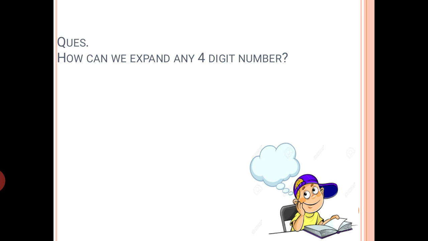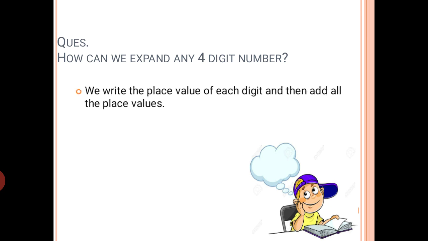So my question is, how can we expand a 4-digit number? Means how can we write a 4-digit number in its expanded form? Expanded form means we write the place value of each digit and then we add all the place values. We have done this in an earlier session also.